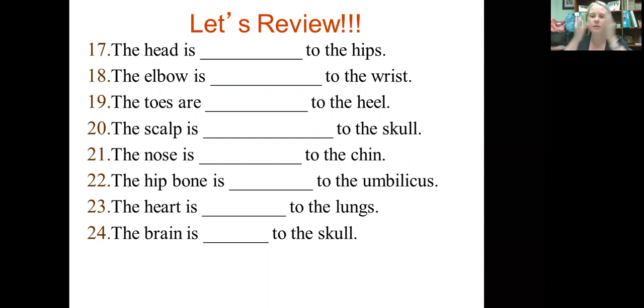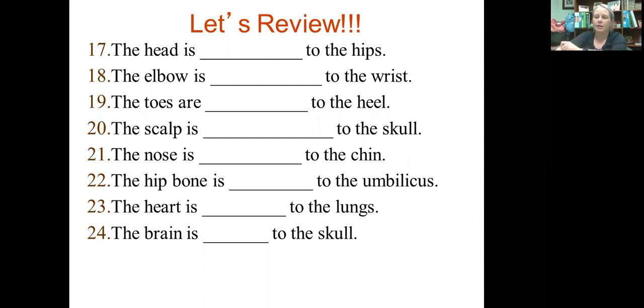So the head is what to the hips. All right, so remember, with all of these, you're gonna basically assume you're in anatomical position. And if you have to stand in anatomical position in order to answer these, then do that, okay? But your head sits above your hips.